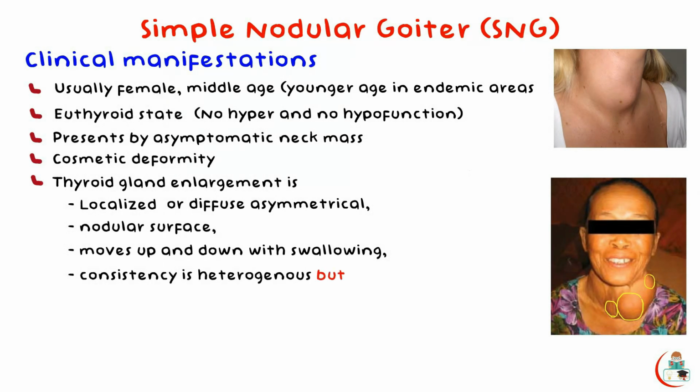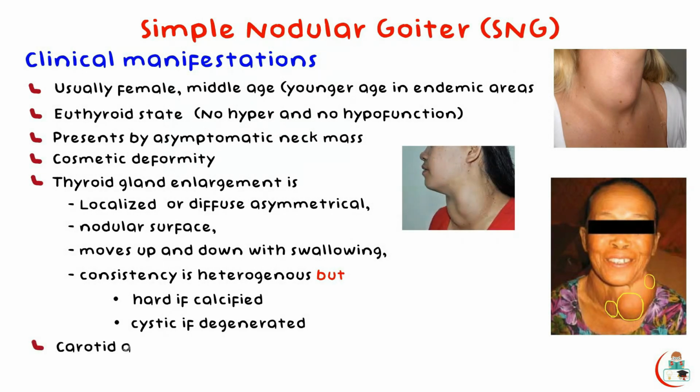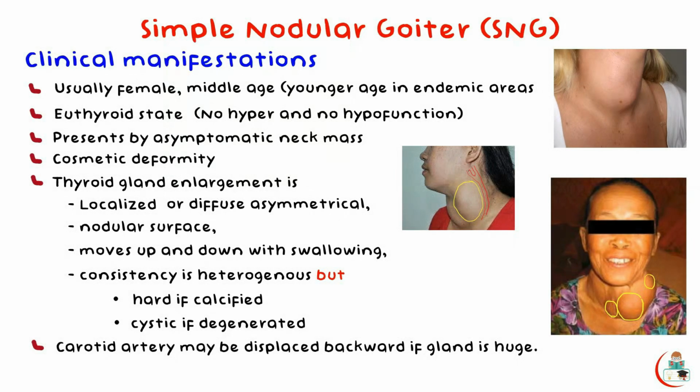Consistency is heterogeneous but almost firm, may be hard if calcified or cystic if degenerated. The carotid artery may be displaced backward if the gland is huge in size. Trachea may be displaced or kinked if compressed from one side.